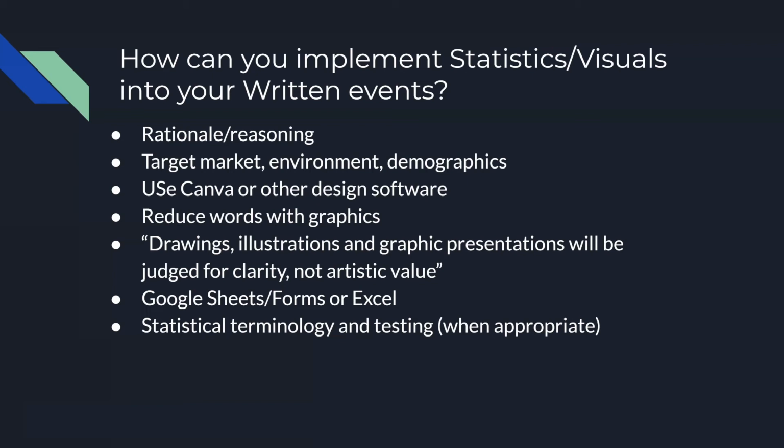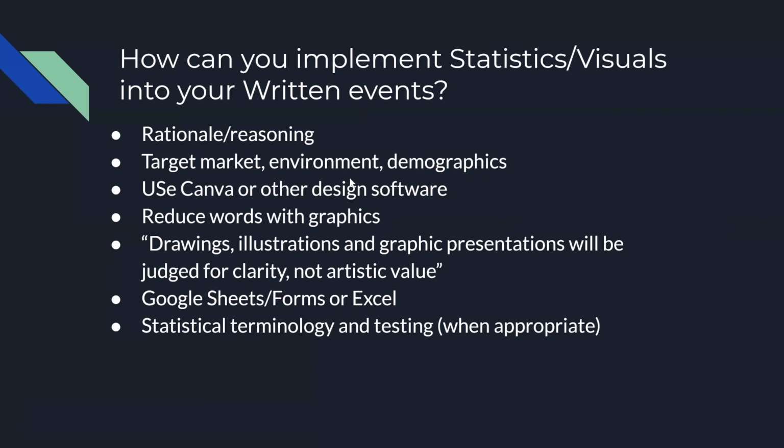You can also use Canva or design software for your whole written project. A lot of people like to do this: instead of just typing out a really bland, essay-style 20-page written paper for one of their events on Google Docs or Microsoft Word, they first type out all the text and information there, and then import it into a graphic design software like Canva.